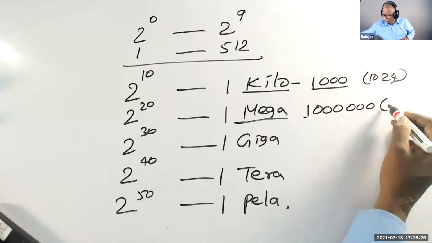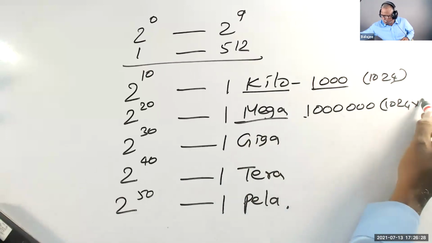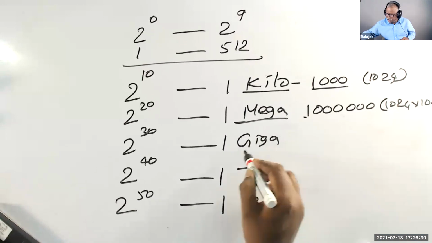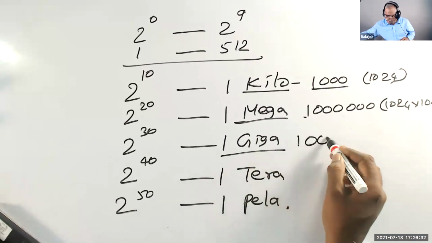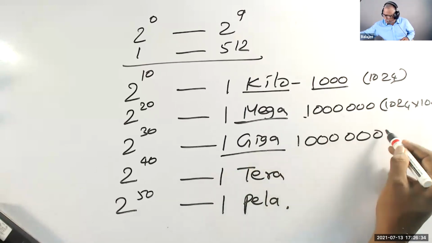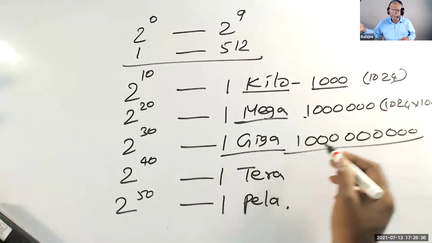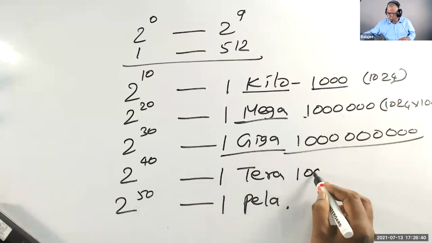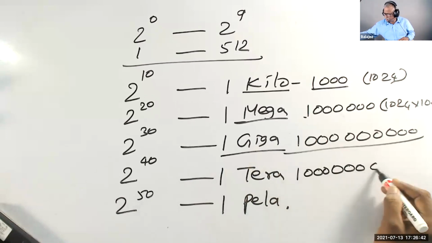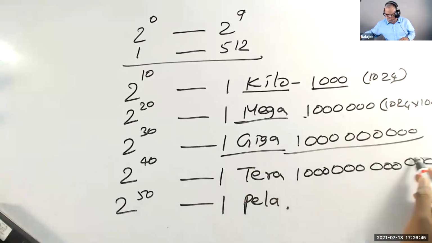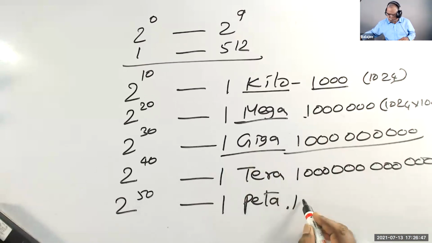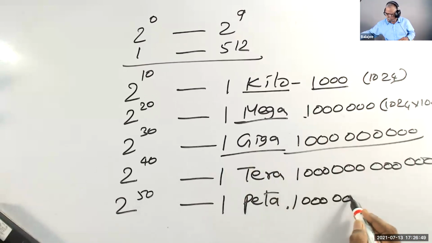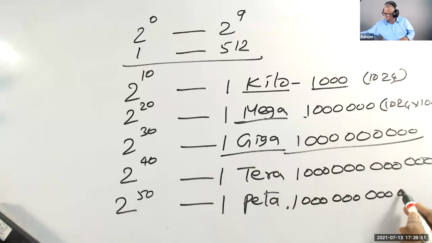It is 1024 into 1024. 1 giga is 1 followed by 9 zeros. 1 tera is 1 followed by 12 zeros. 1 peta is 1 followed by this. Most of you know that.